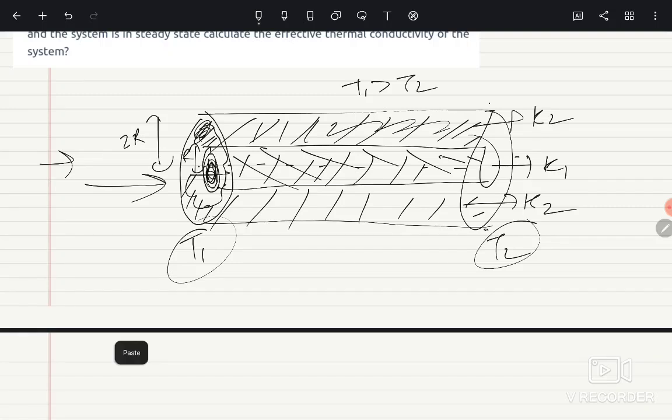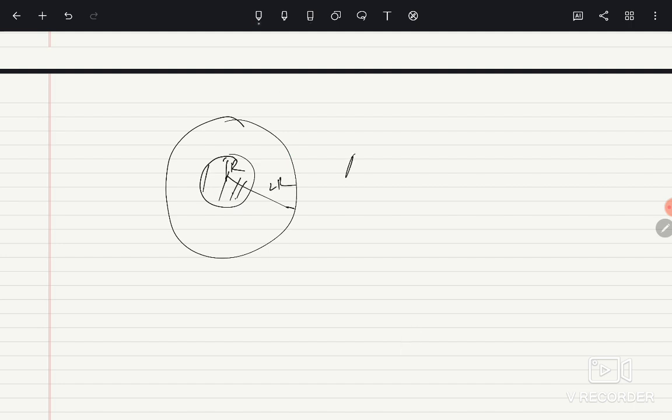If we see the side view, it will look like this. Its radius is R, its outer radius is 2R. The inner area we can take as pi R square.